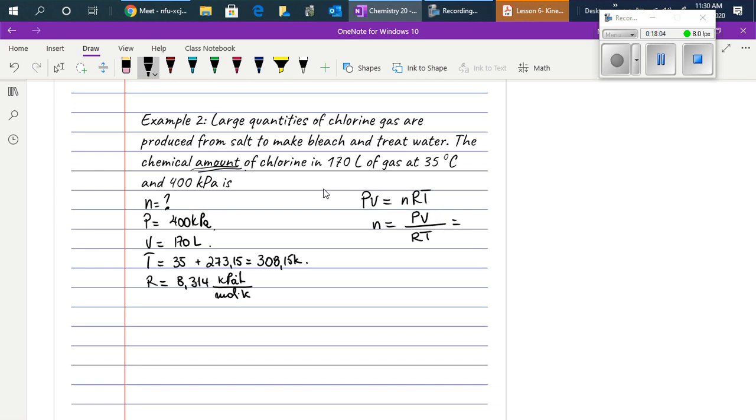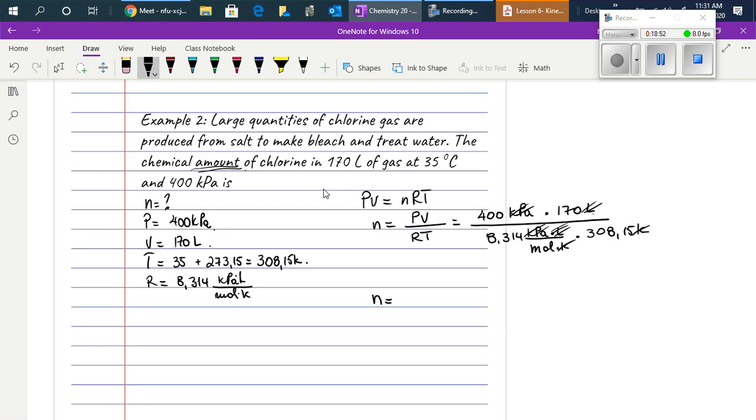If we substitute whatever we have as given here, 400 kPa times the volume, 170 liters, over 8.314 kPa over mol K times the temperature, that is 308.15 K. So Kelvin is cancelled, kPa is cancelled, and liters are cancelled. 1 over 1 over mole will be moles.